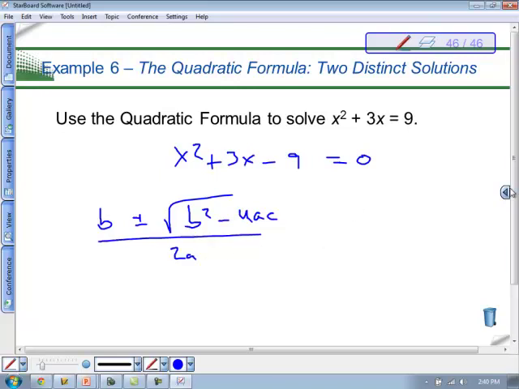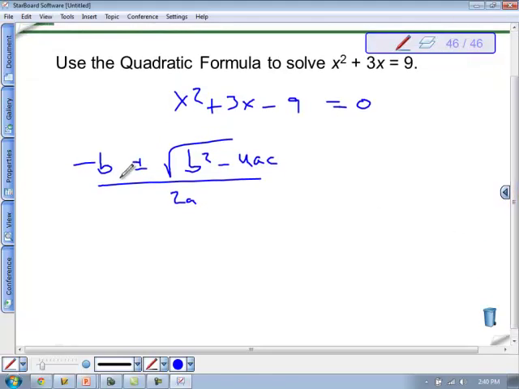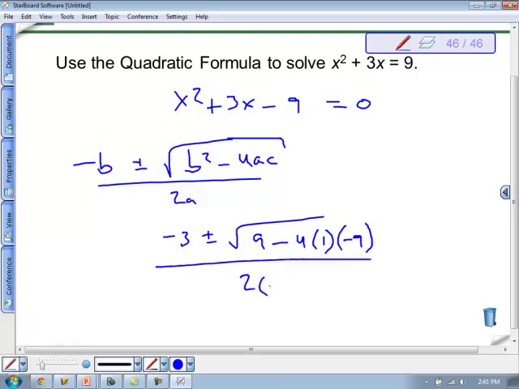All right, opposite of b. Okay, so that'd be -3 plus or minus the square root of 3 squared is 9, minus 4 times a is 1, c is -9, all over 2 times a is 1.